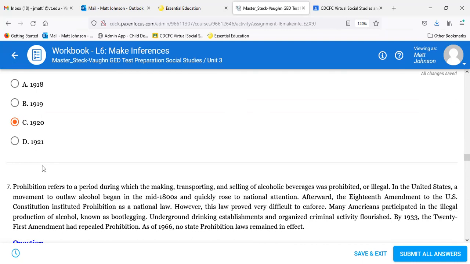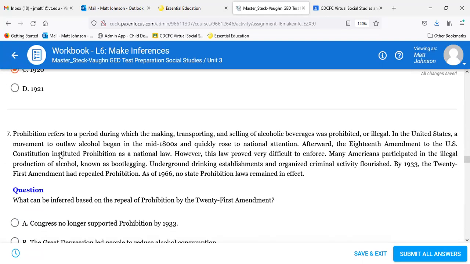Afterward, the 18th Amendment to the U.S. Constitution instituted prohibition as national law. However, this law proved very difficult to enforce. Many Americans participated in the illegal production of alcohol known as bootlegging. Underground drinking establishments and organized criminal activity flourished. By 1933, the 21st Amendment had repealed prohibition. As of 1966, no state prohibition laws remained in effect.